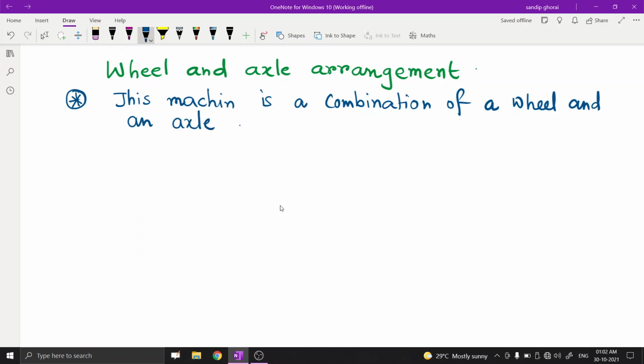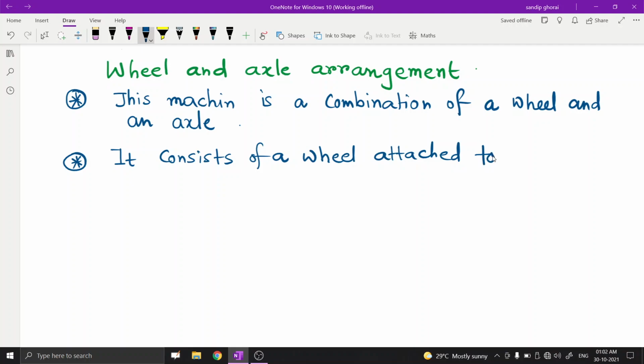The second point is that this type of machine consists of a wheel attached to a rod called an axle, such that when the wheel is made to rotate, the axle also rotates.